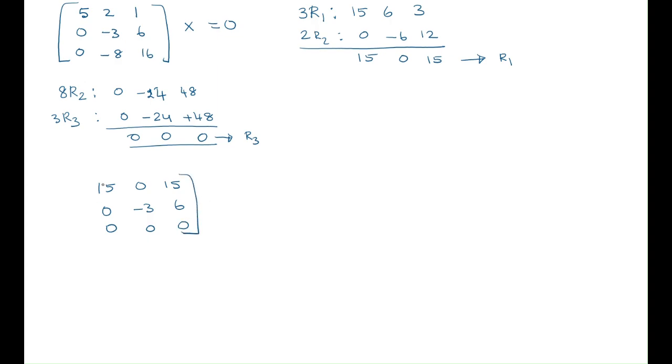And if I replace this into 1 0 1 and 0, and if I divide by minus 3, I will get 1 and minus 2, and this is 0.